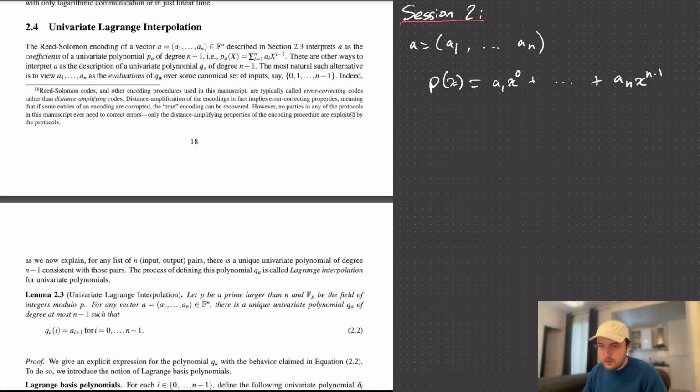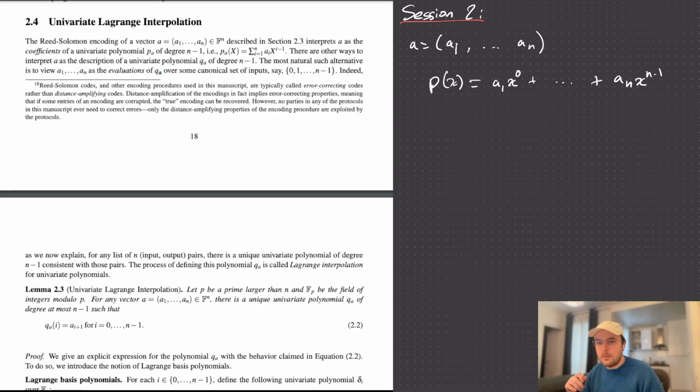to the n minus 1. So that was the polynomial we talked about last time to interpret the encoding.